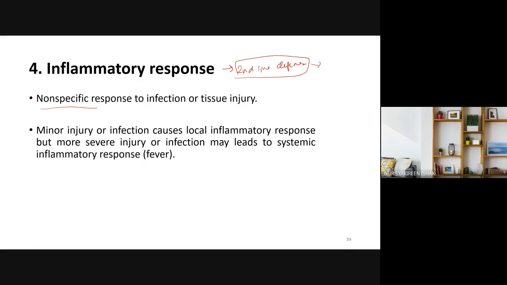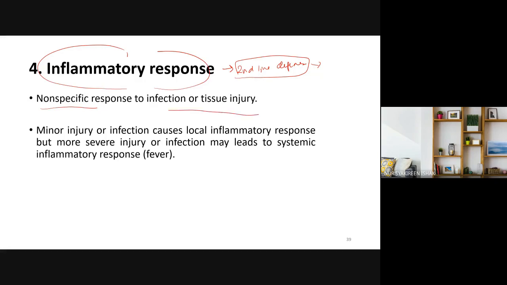Maksudnya dia tak target mana-mana specific pathogen. Mana yang ada injured tissue, inflammatory response will take place. Okay, so non-specific response to infection or injured tissue.